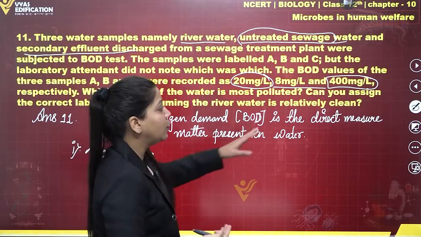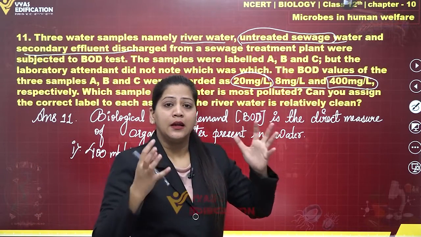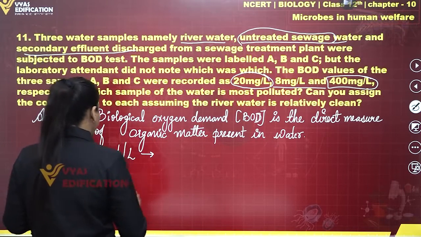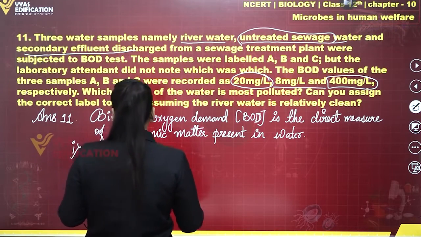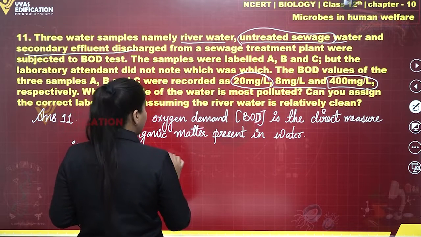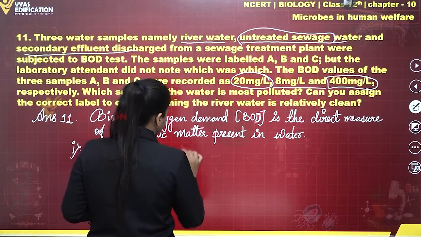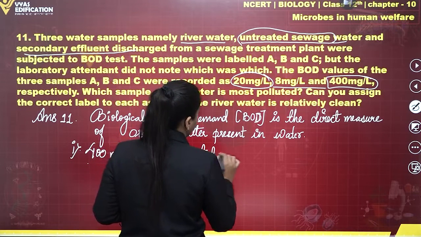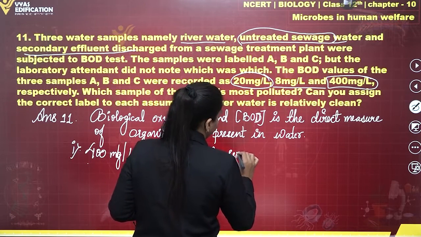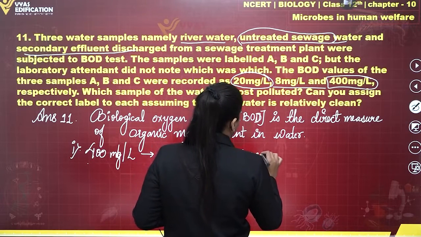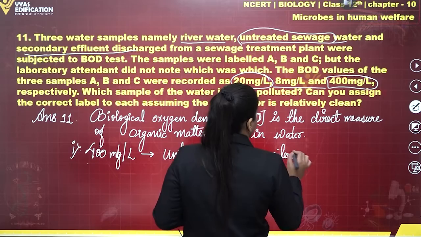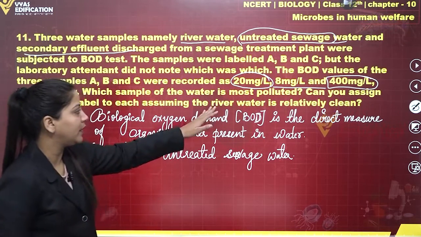If the BOD level is so high, that means there will be so much organic matter present in that effluent. So 400 milligram per liter is given to untreated sewage water.